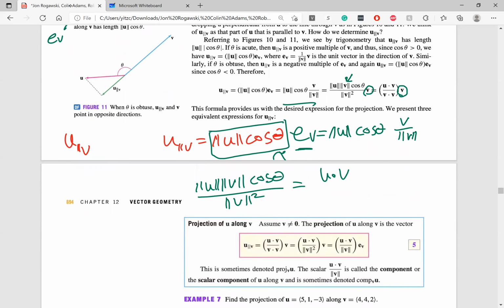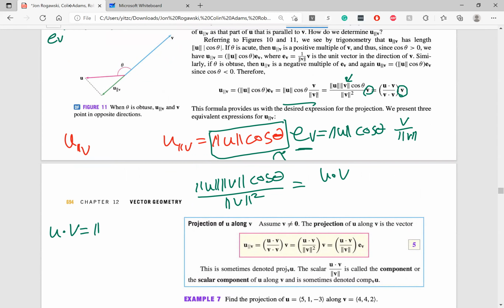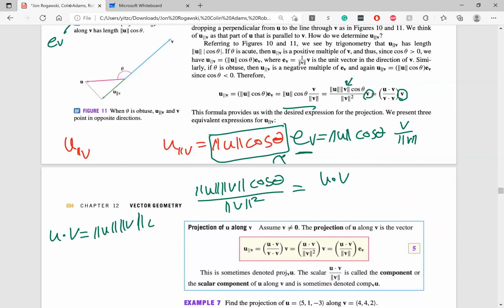So what's the dot product of u and v? The dot product u dotted with v is the magnitude of u times the magnitude of v times cosine of theta. So if I take this part, magnitude of u times magnitude of v times cosine of theta, I get this u dot v.